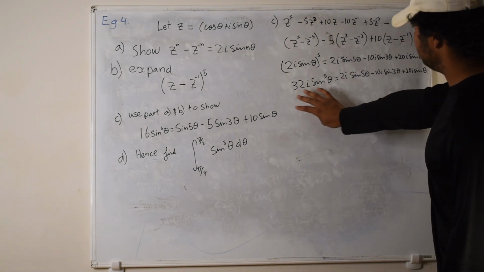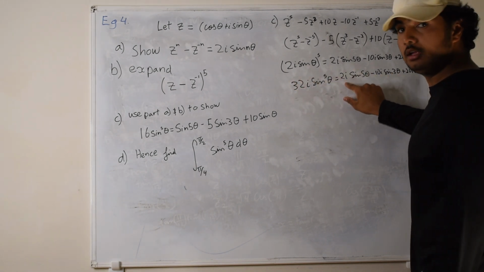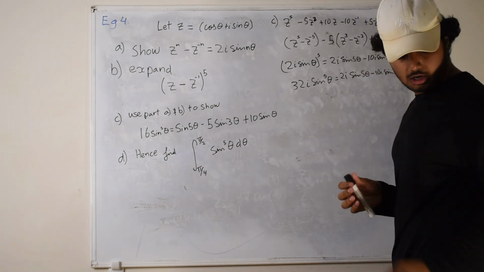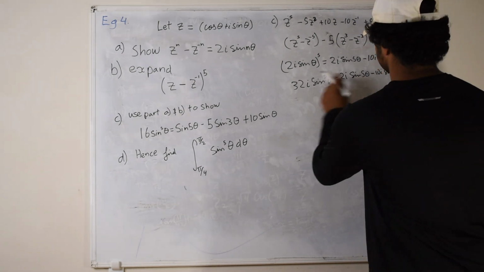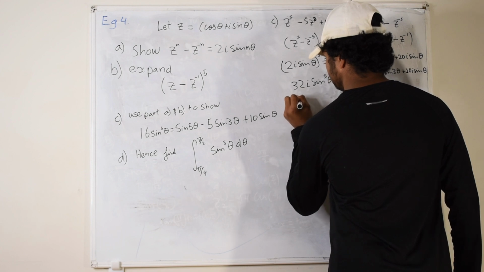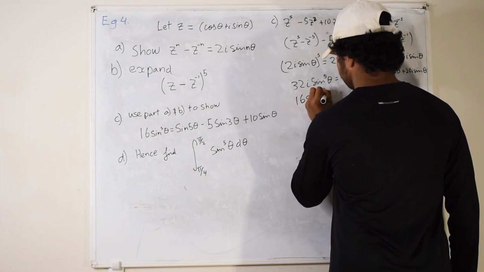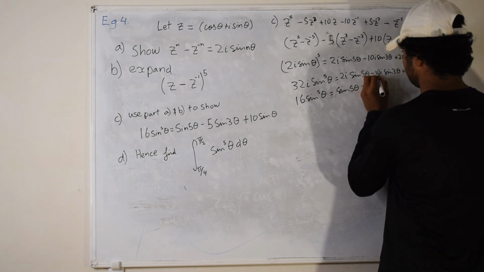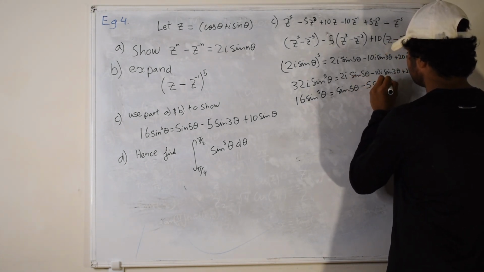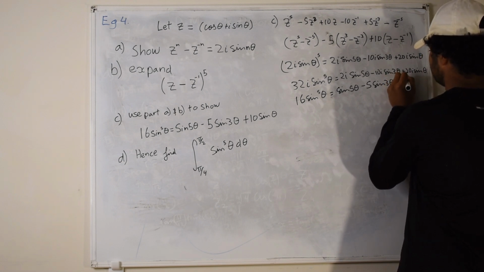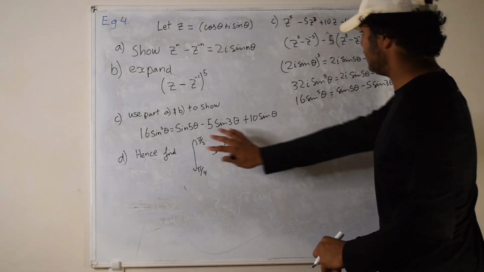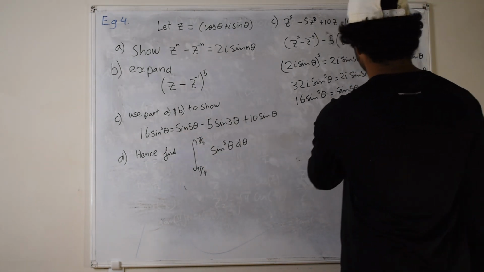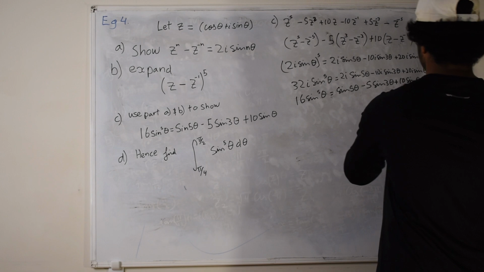What is common here that we can all take out? 2i is common between both sides, so divide both sides by 2i. This then becomes 16 sine to the power of 5 theta, which equals, 2i cancels, sine 5 theta minus 5 sine 3 theta plus 10 sine theta. So 16 sine to the power of 5 theta equals sine 5 theta minus 5 sine 3 theta plus 10 sine theta.